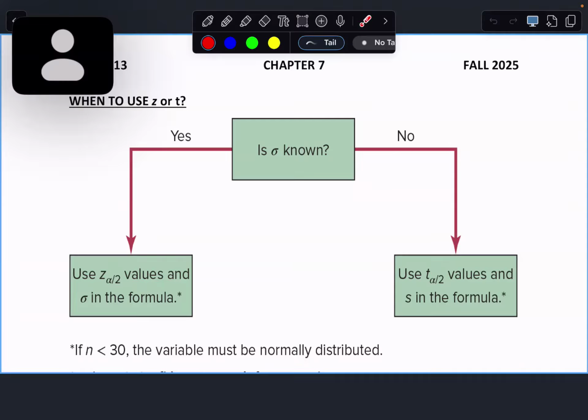And we said it should be consistent. Consistency is where we say that when we increase the sample size, the estimator approaches the population parameter.